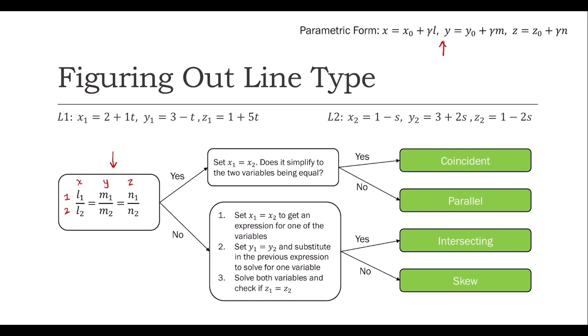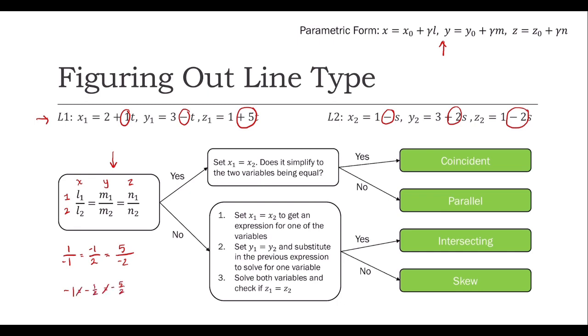So this would be, for our example up here, the slope of our first line's x value, 1, over the slope of our second line's x value, -1, equals the slope in our y equation, -1, over the slope in our other y equation, -2, equals the slope in our z equation, 2, over the slope in our final z equation, -2.